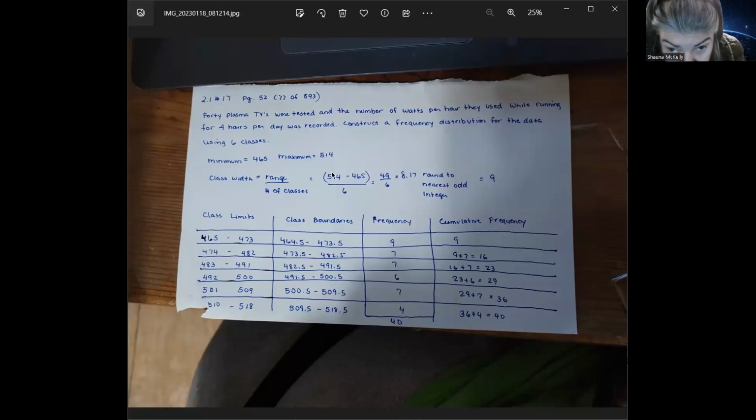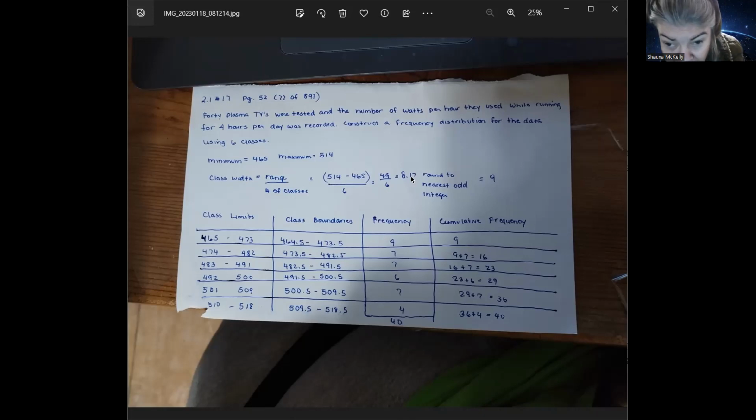So 514 minus 465 gives us 49. If we divide that by 6, we get 8.166 and some change.